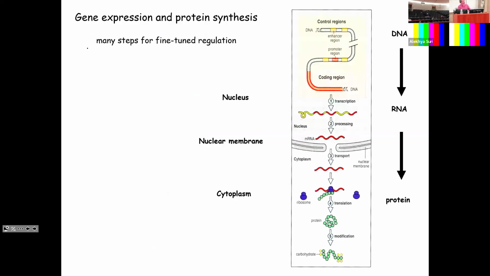Okay, so to support the notion of how we arrive at a different organism if the genetic composition between two twin brothers is the same, right?